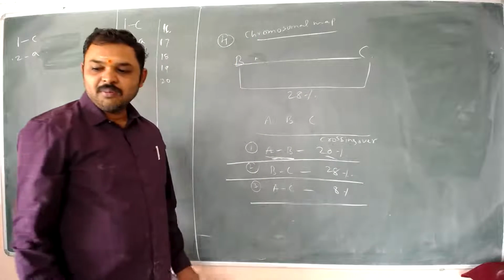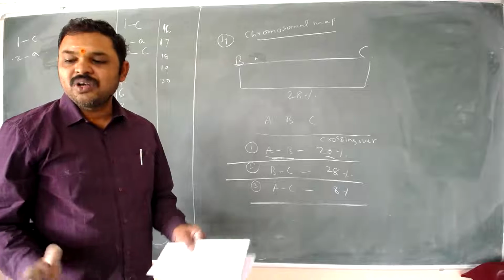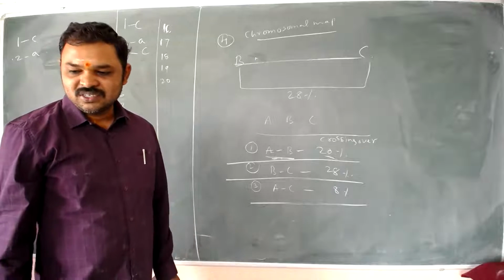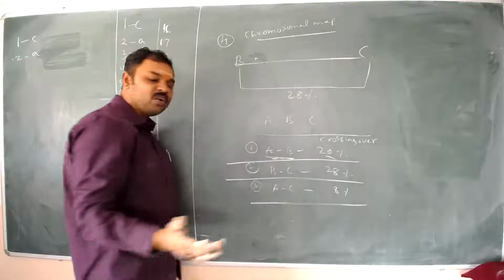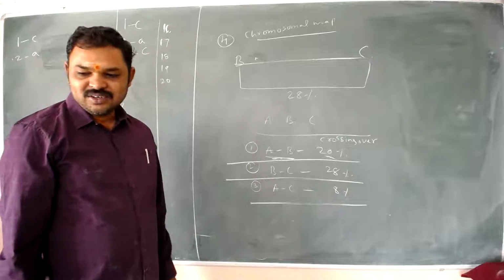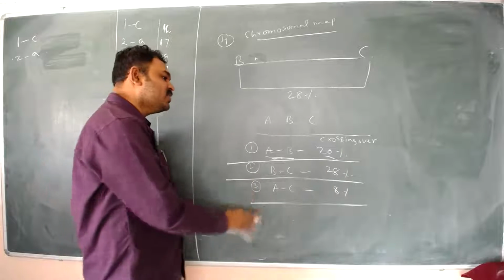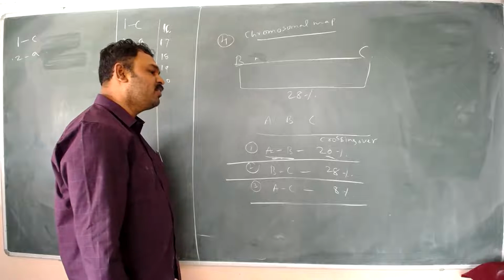The percentage of crossing over is directly proportional to the distance between the genes. What is the distance between the genes here? B and C, 28 Morgan units, or crossing over is 28%. Next one, what is the next distance? B and A, 20 Morgan units, or 20%.